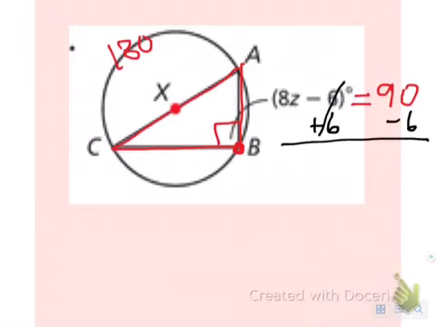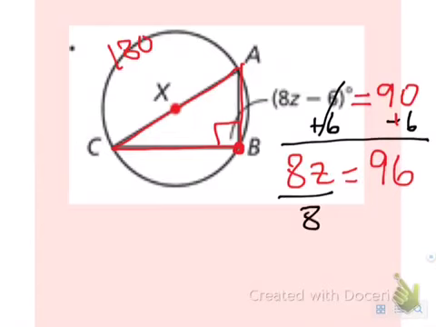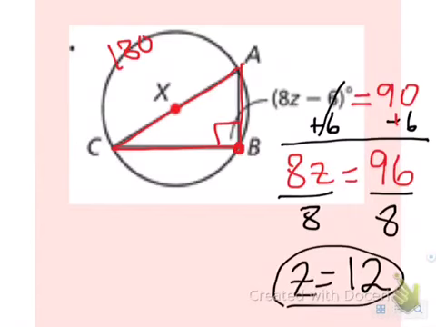The negative 6 and the positive 6 cancel. So I bring down my 8z. What I need to add is 96. And I divide both sides by 8. So 96 divided by 8 is going to give me 12. So z equals 12.